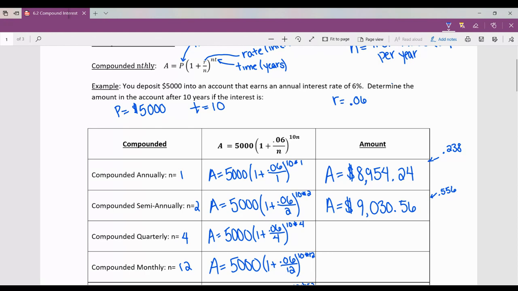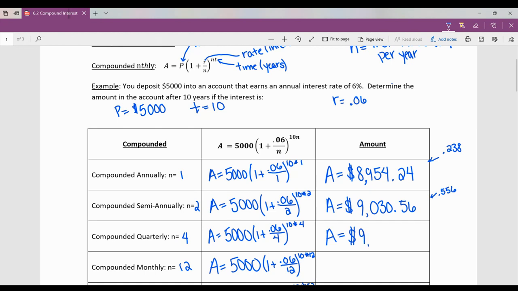All right, so for the next one, we're going to do 0.06 divided by 4, and then we're going to add 1 to that number. We're going to raise it to the 10 times 4, which is 40, so we're going to raise it to the 40, and then we're going to multiply that number by 5,000. And we get, now instead of taking it once a year, taking it twice a year, we're going to reinvest it every quarter, so 4 times per year.